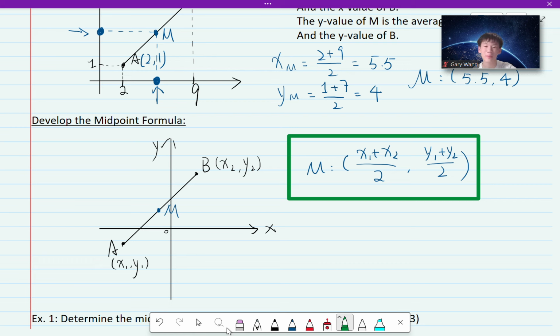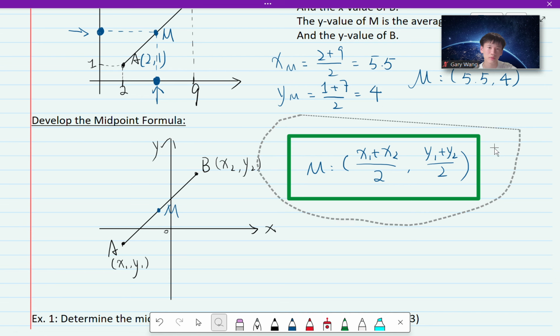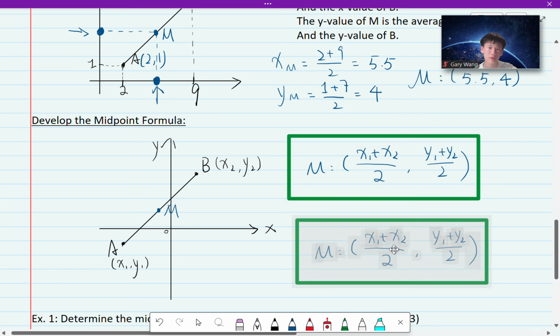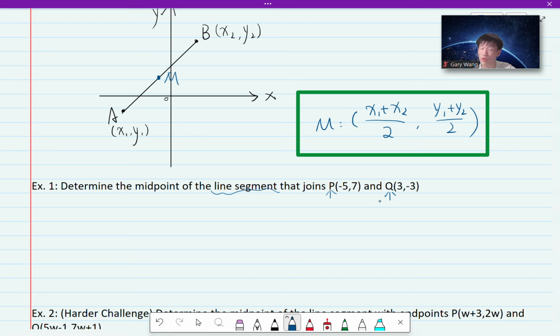So now let's apply this formula to some examples. Let's move this down a bit so we can see it. Okay, so this time we want to determine the midpoint of the line segment that joins these two points, P and Q. No graph is given, but it's totally fine because the only thing we need to do is to consistently define the coordinates as x1, y1 and x2, y2.